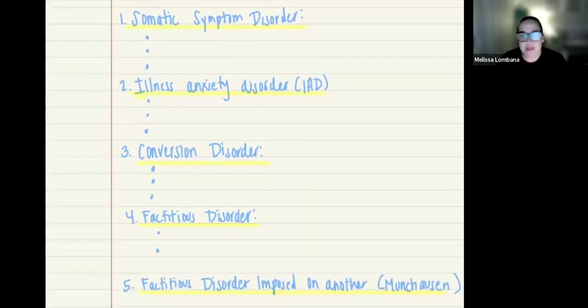Okay. Then you have the next one, which is conversion disorder. And conversion disorder is an extreme anxiety turning into a physical disorder. The physical symptoms are real, but there's no neurological or medical cause for it. Okay.